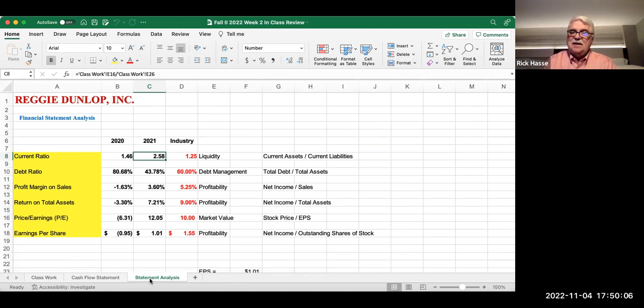This company has some negative returns or negative numbers in relationship to the industry that they're in. Notice in the prior year when they lost money, they had a negative profit margin on sales, but that makes it look a little better for 2021, but still they are below the industry average. The next number is the return on total assets, which is the relationship of net income to the asset base of the company.